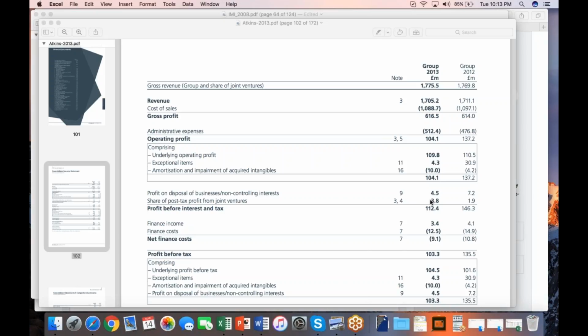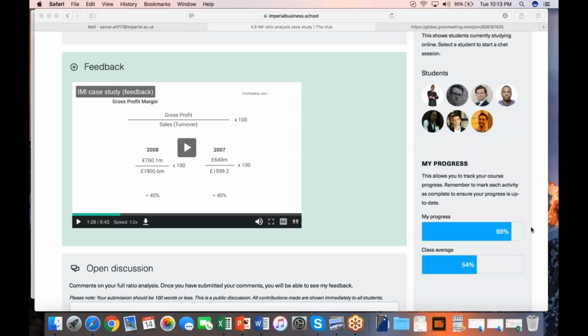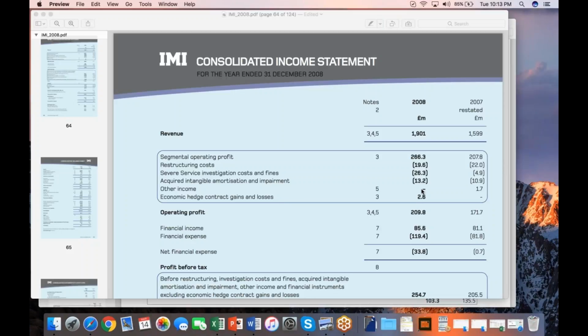These two, 4.5 and 3.8, should I add these two numbers to 109.8 and consider this as an operating profit, the same way in which she is doing for IMI? Because she is also considering 2.6, which is hedges, gains and losses, and she's also considering other income, which happens to be 0, but that is another income.